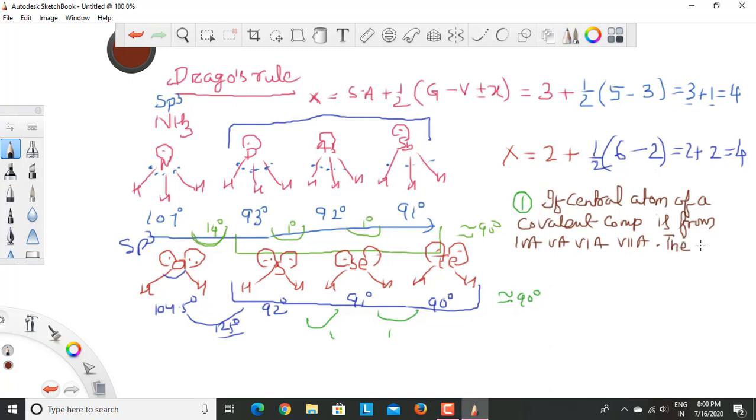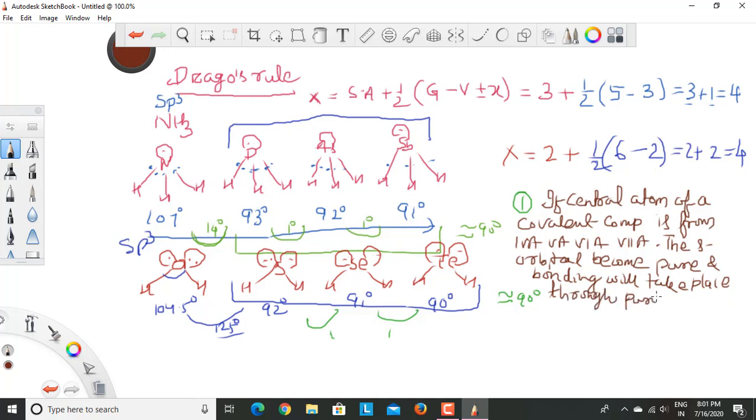The s orbital becomes pure, and bonding will take place through pure orbitals.